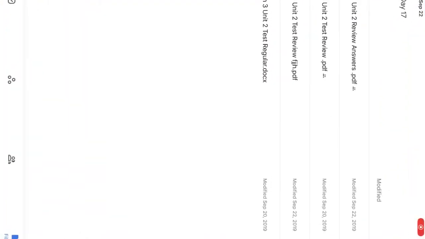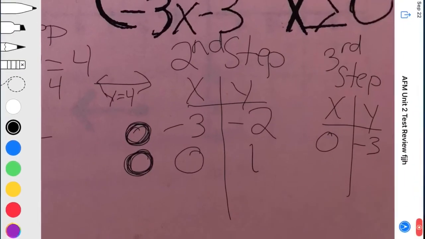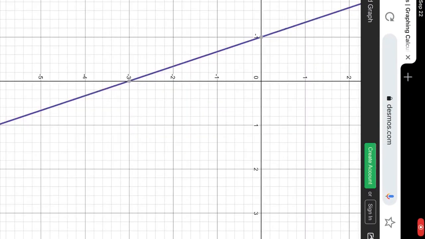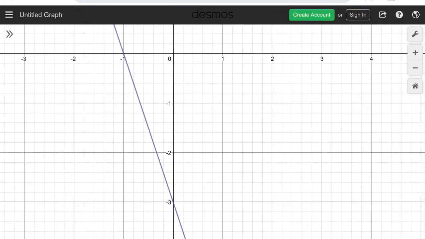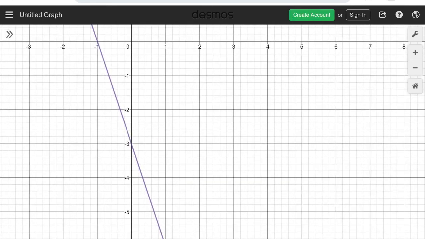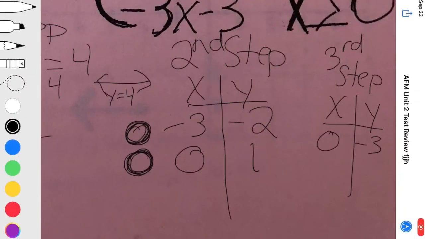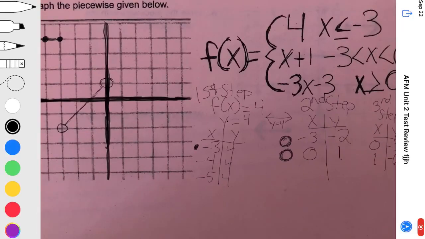And then another point when x is greater than 0. So let's zoom out some and figure out where. And I'm going to look for a whole number, not a decimal. So 1, negative 6 is another point that I can use. So I'm going to graph this.